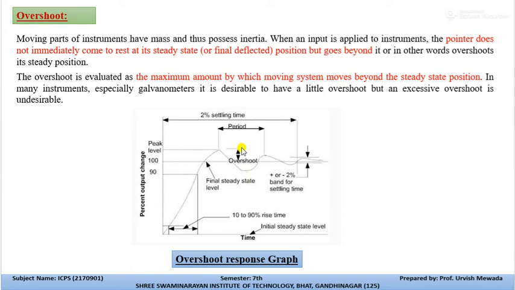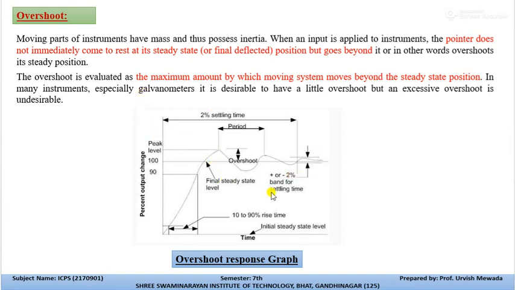So this is nothing but the response of the instrument when we give the input. According to that input the pointer gets deflected, but it goes beyond the measured quantity, and then it gets steady. That period is called the overshoot period, or we can say the settling time of the instrument.